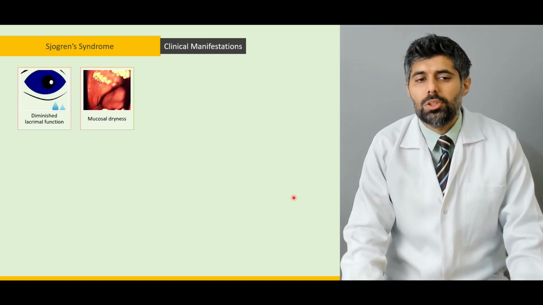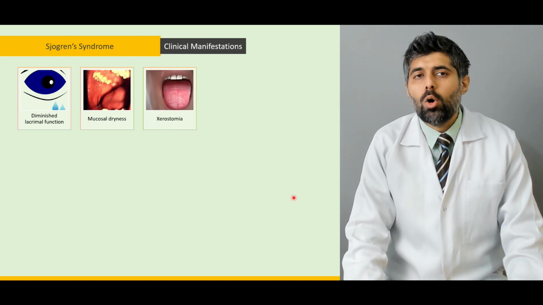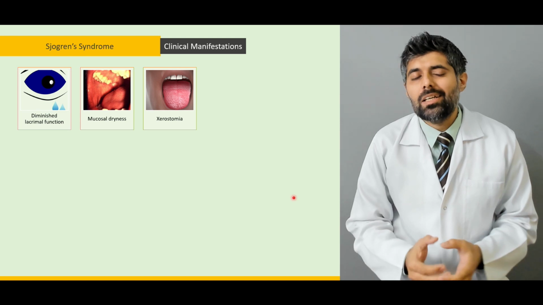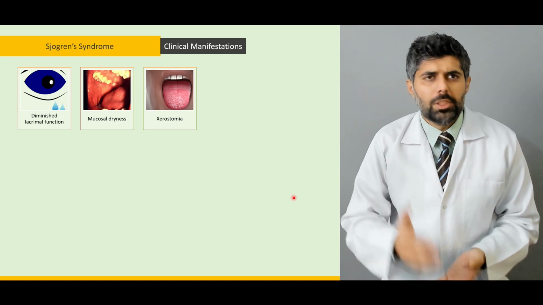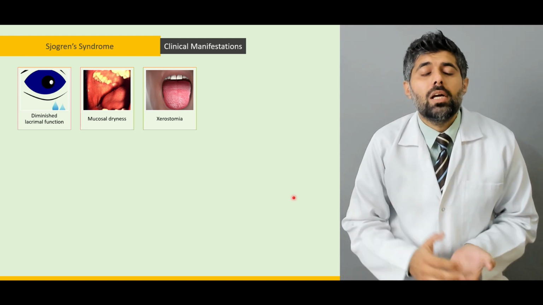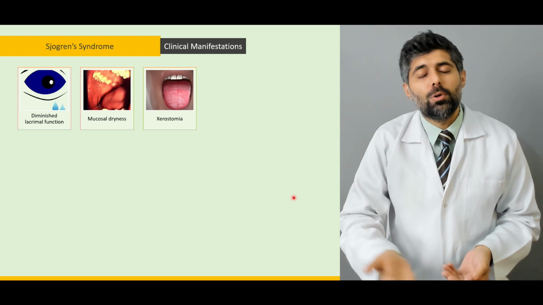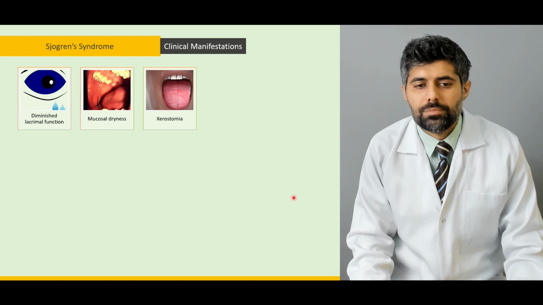Then we have xerostomia, or the dry mouth. That includes the dryness of the buccal membrane, the tongue, the hard palate, the soft palate, and leading up to the uvula into the pharyngeal and laryngeal cavity.